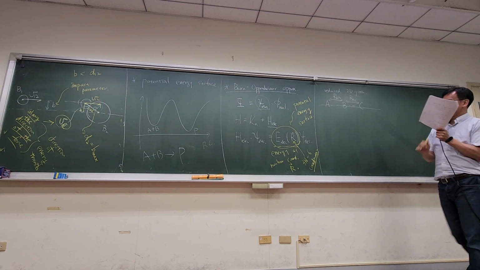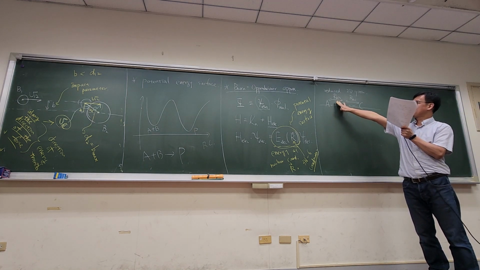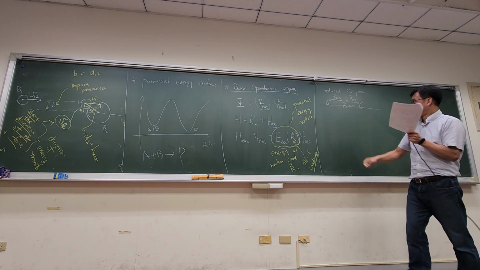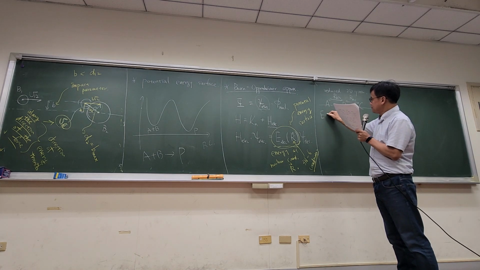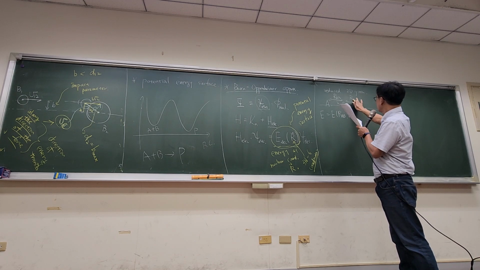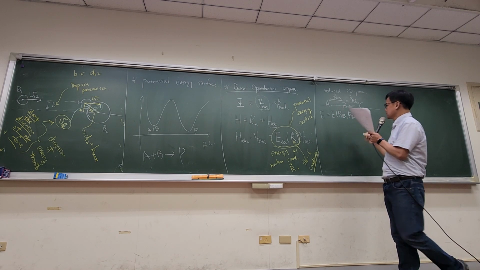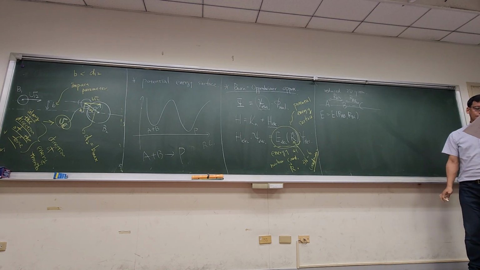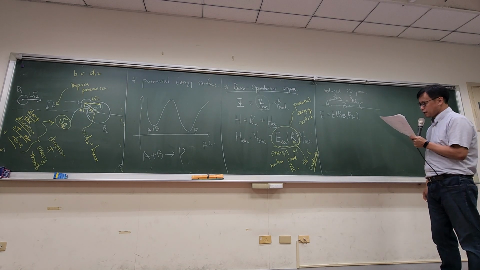The idea here is, in this case, we have 2 nuclear coordinates. So your energy is a function of R_AB and R_BC.